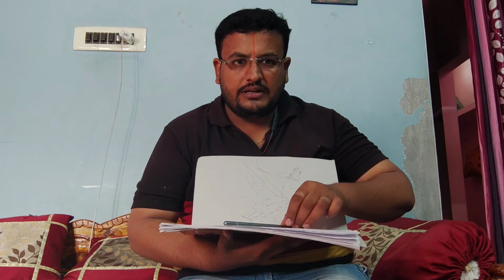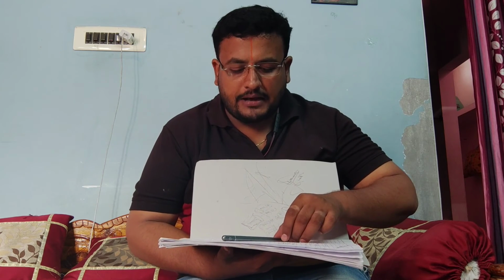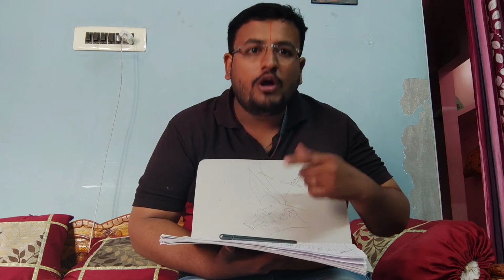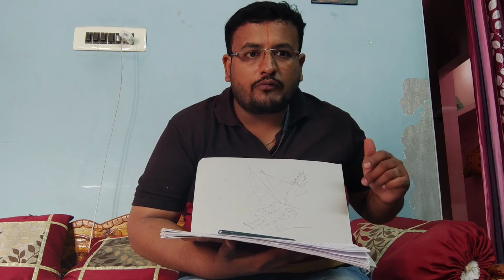That means whenever the line is inclined to VP and parallel to HP, true length along with its true inclination can be seen from which view? From top view. That means on which plane? Horizontal plane.